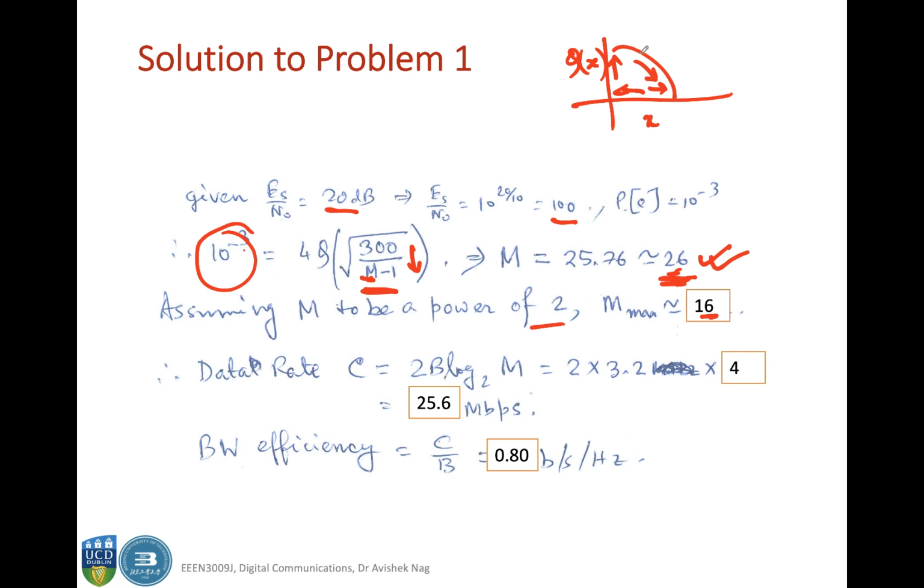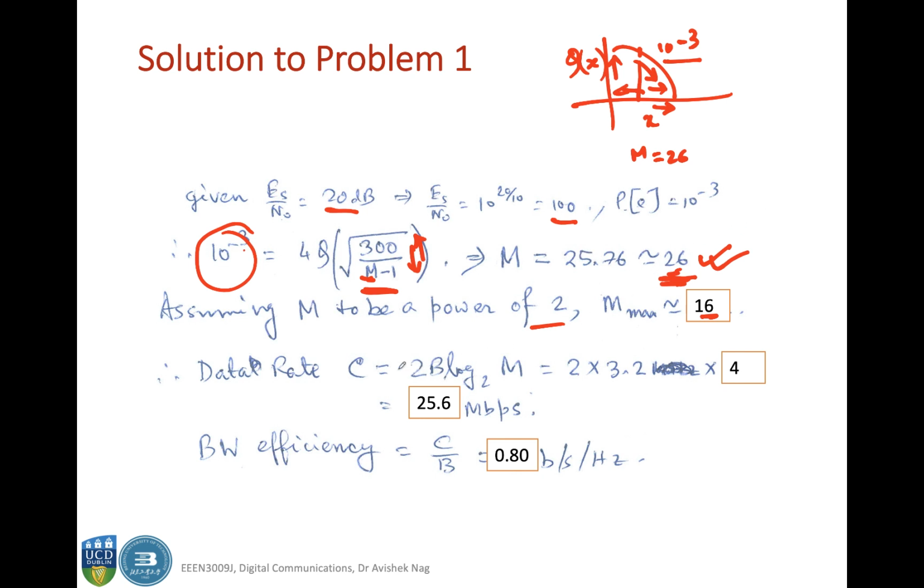So if this is the point corresponding to your 10 to the minus 3, and that gives M to be 26, you have to choose an M which is less than this, so that the denominator is small and this term goes up towards this direction, so that you have at least 10 to the minus 3 or lower. That's why we are choosing M to be 16, and this is also a power of 2.